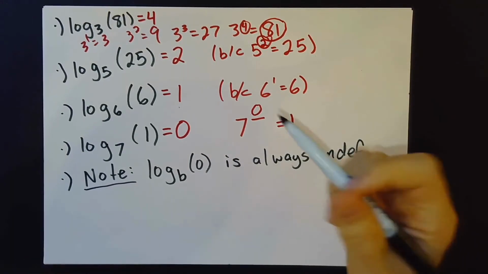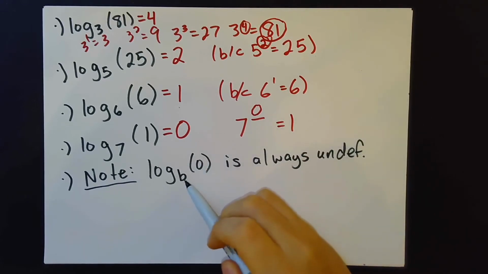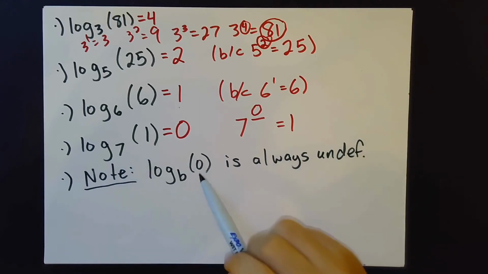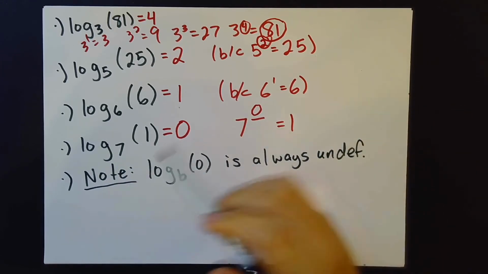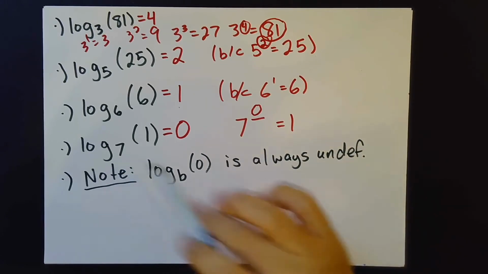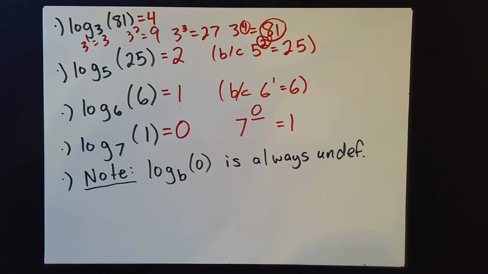Okay. And the reason for this is that no matter what base I choose, for example, 7, there's no power of 7 that's 0. In fact, all the powers of 7 are positive, and so there's no way to get 0 out of this.